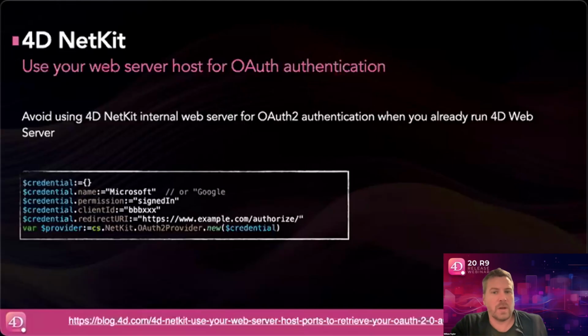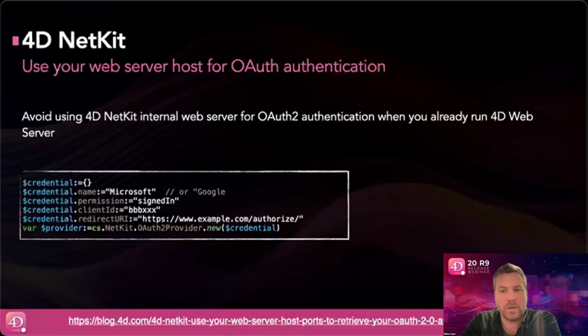So how does this work? If the redirect URL you use matches your host web server's port, or if you don't specify a port, then NetKit will automatically use your main server for the callback. If the port's different, it will fall back and continue using its own internal server in the NetKit component, just like before.